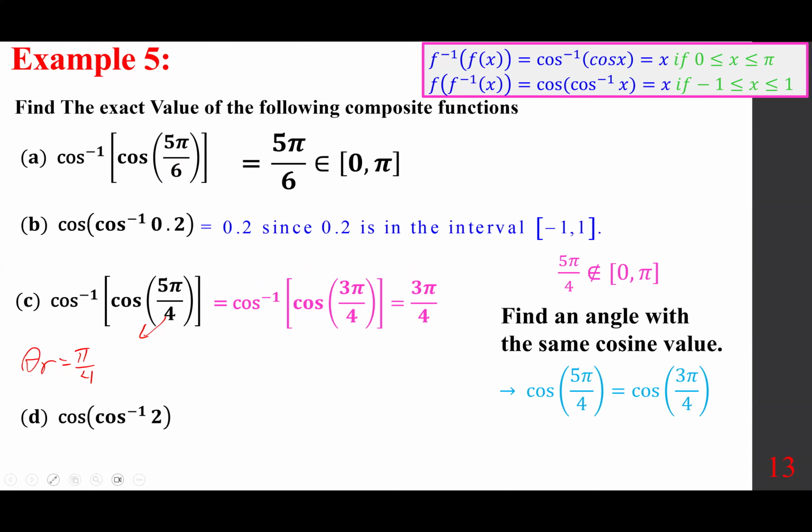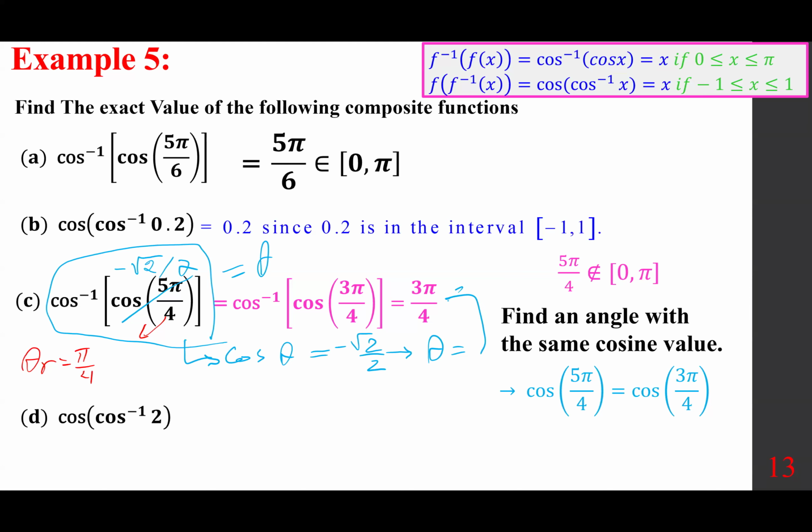You can even replace this with the value of negative square root of 2 over 2 and work it out that way. If you go that route, and that's fine, you can say this is equal to theta, cosine theta equals minus square root of 2 over 2, and therefore theta must be that.